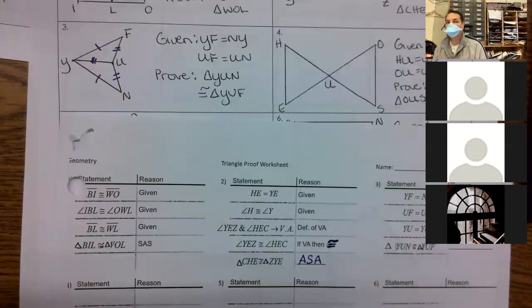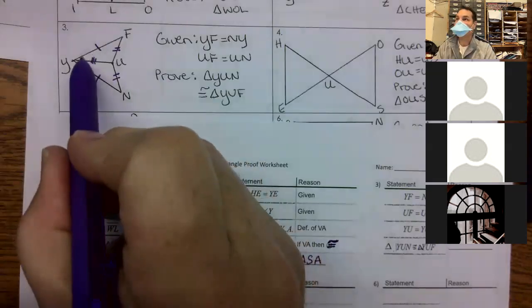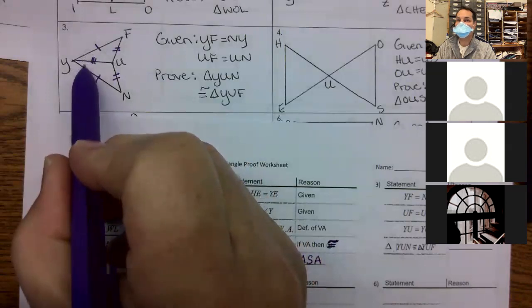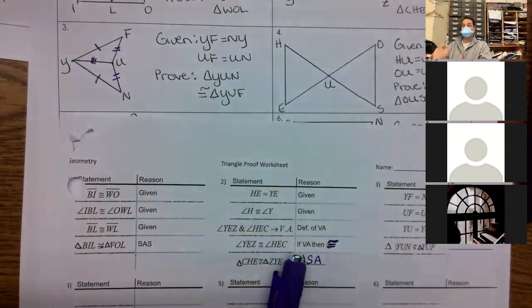Say again? Angle bisector, but I don't see the words angle bisector. And if it said angle bisector, then I would expect this angle and this angle to be the same. What we're trying to say is this segment is the same. Excellent. It is reflexive property. Remember last semester, we talked about reflexive property like A equals A and B equals B, and you just didn't know what value it has.